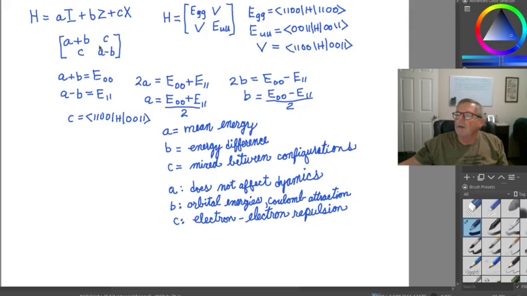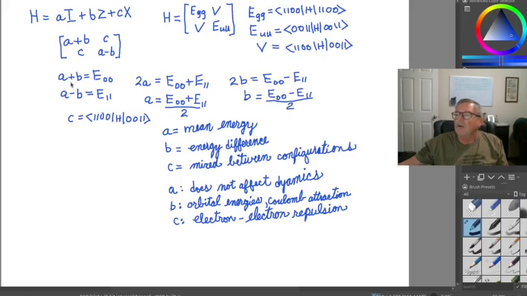So the Z operator represents this sign change between these expressions. And the A operator, which is left over, is the mean energy. So let's now look at how those relate.